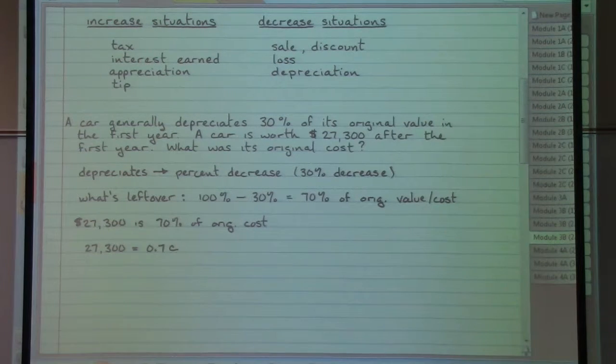We would need to now divide on both sides, let's remove that comma, just to avoid possible confusion. We would need to divide on both sides by the 0.7 so that we could get the C by itself. And that would give us a division problem to work out. 27,300 divided by 0.7.